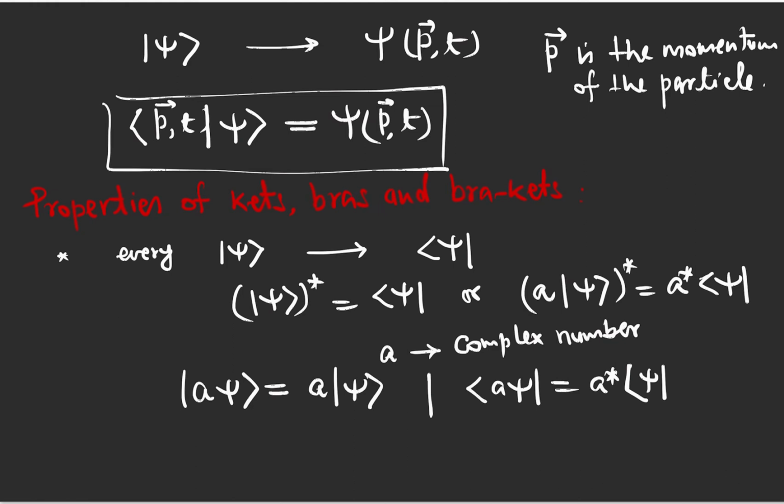So brackets, bras and kets also have the properties of the scalar product. Since in quantum mechanics the scalar product is a complex number, the order matters a lot. So we must be careful to distinguish a scalar product from its complex conjugate.